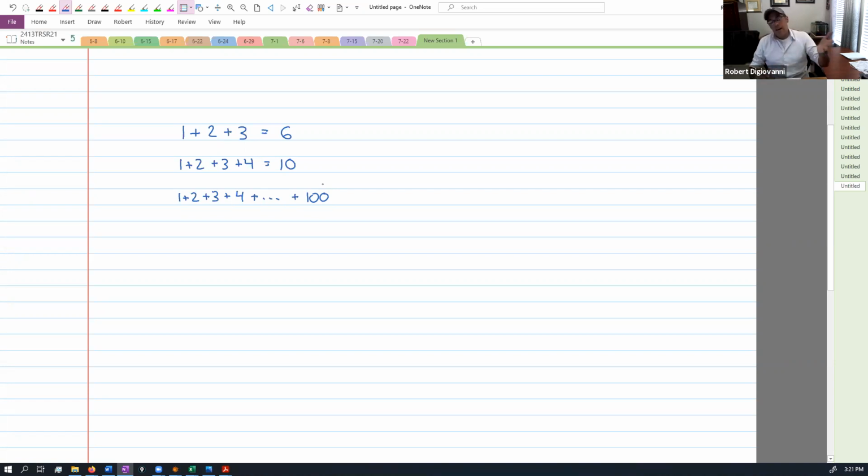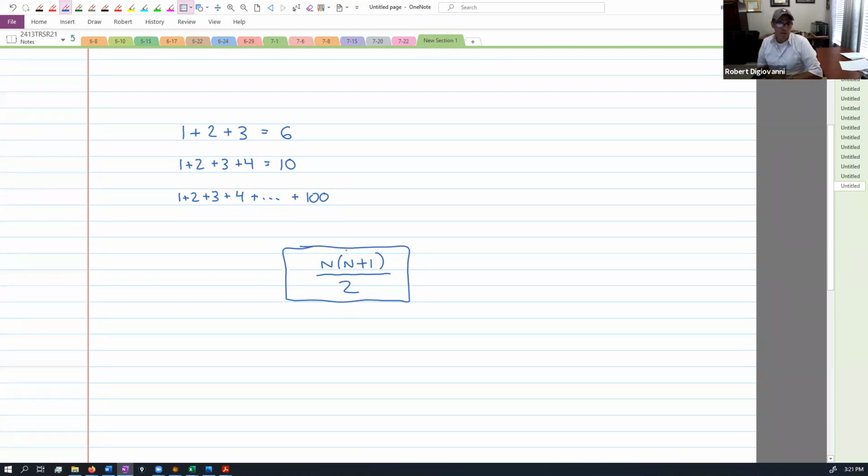So the teacher looks out, sees Gauss flip his little board over and sit there, and the teacher's just kind of like, what? So he goes to Gauss, turns his slate over, and Gauss has written n times n + 1 divided by 2. Right? That's what Gauss has written.